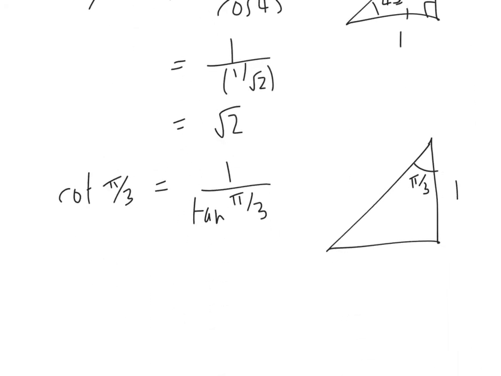So 1 was here, 2 was here, and root 3 was here. So tan of pi over 3 is the opposite over the adjacent, so root 3 over 1, or simply root 3. Then rationalize that, and you get root 3 over 3.